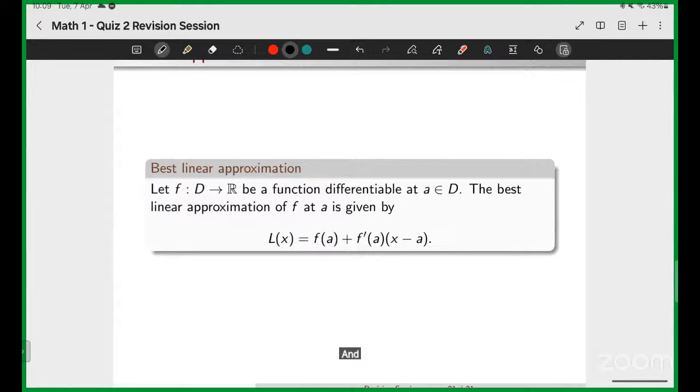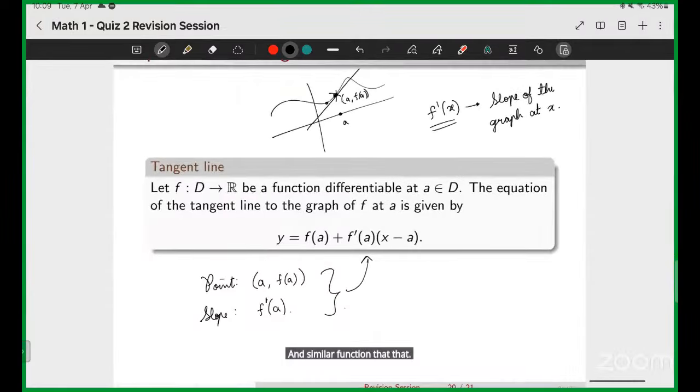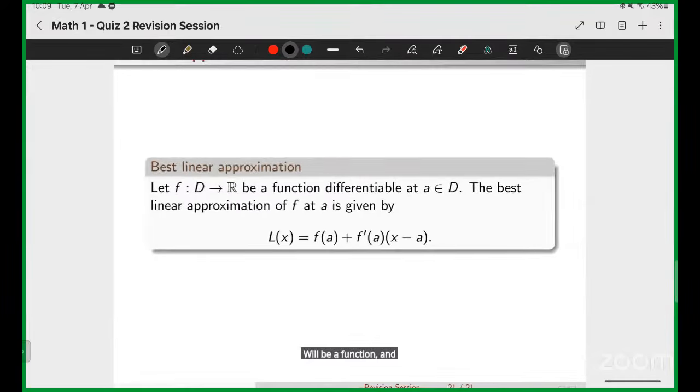And similarly, any tangent line will be a function, right? Every straight line in the plane except the vertical straight line itself will be a function, and that function happens to be the best linear approximation of the function around that point.